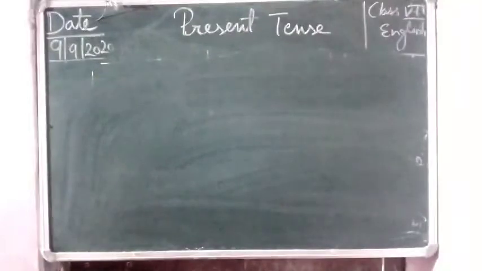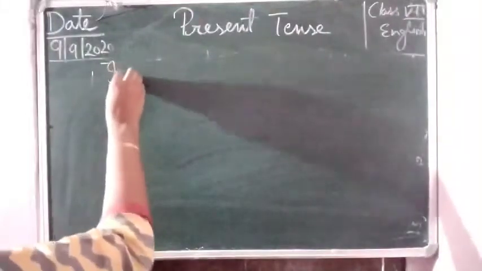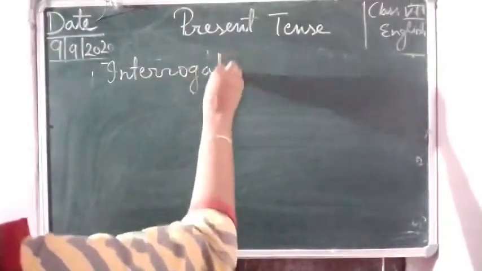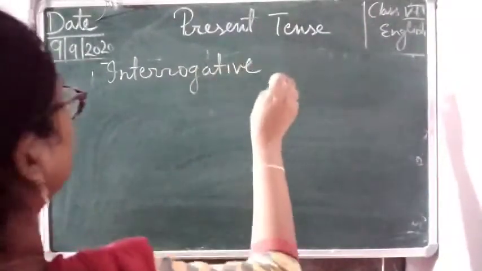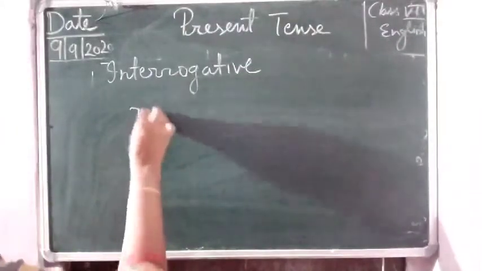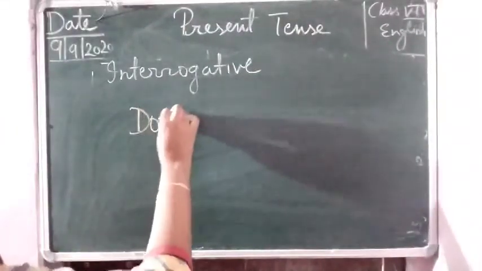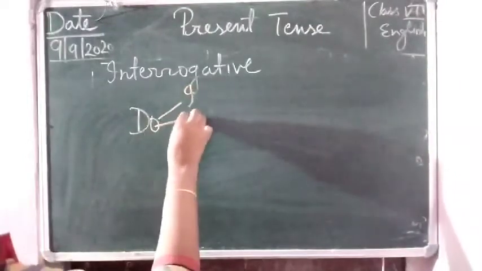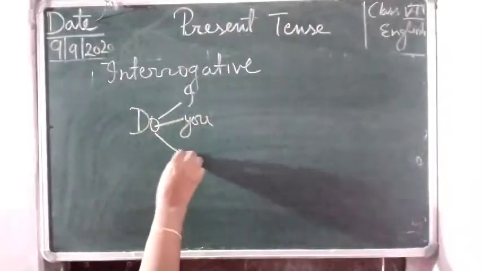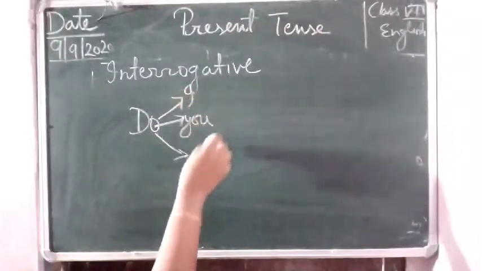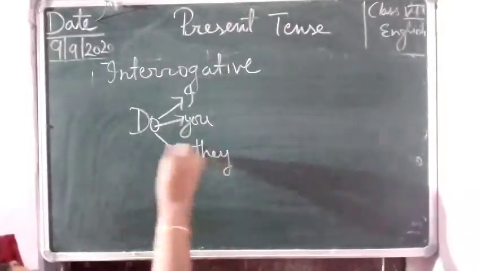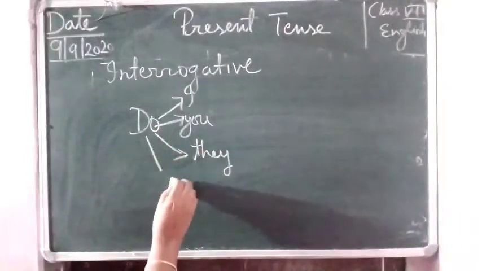So when we are using interrogatives and we are writing the sentences in interrogative, we will just always remember, do is used with I, with you, with they, and with we.